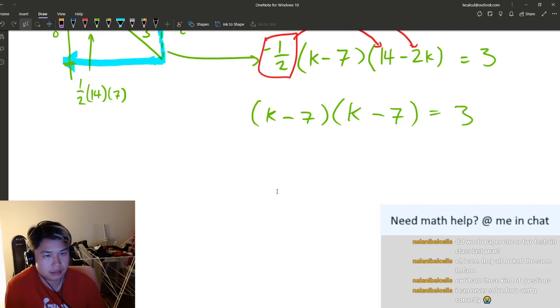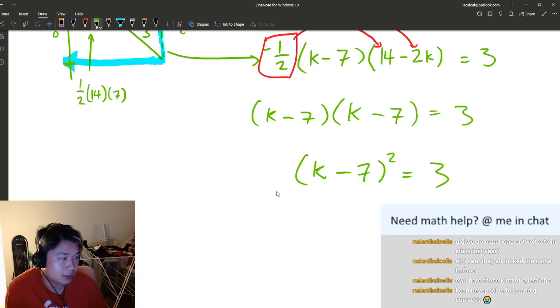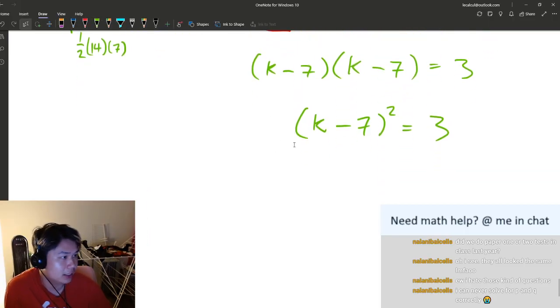Oh, okay. It wasn't going to be a nice number. So what you could have done if you did that way is quadratic formula. If you do it this way, then you can just solve it algebraically.